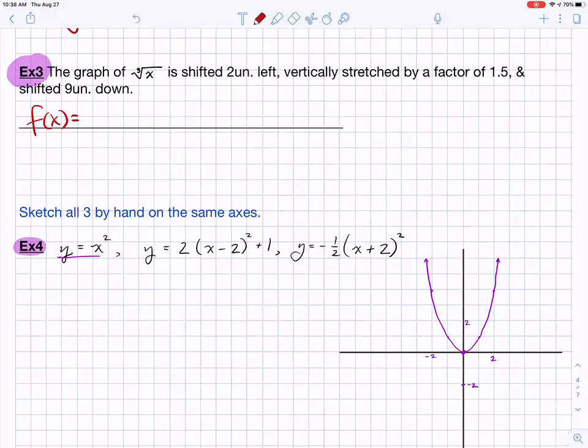Does anyone on Zoom want to attempt to answer this one? Justin, November, Brianna, any of you guys? Blake already did one. No? Are you being a chicken?